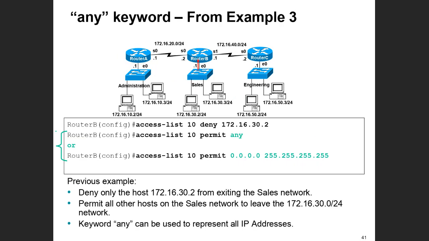So if we had example 3, where we were to deny 172.16.30.2 and permit all other addresses, we had the option of either using the shorter line to type it in or type in this long line. So permit any is a nice handy shortcut syntax you can type in, so you don't have to type in so many numbers and periods.